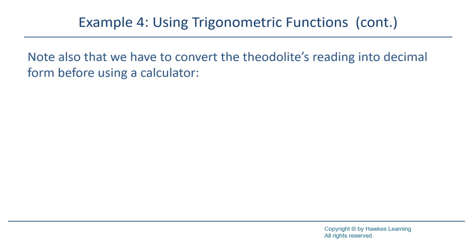So if we do that, first of all, make sure you're in the correct measurement. The last one we did was radians, so go ahead and throw it back into degrees.